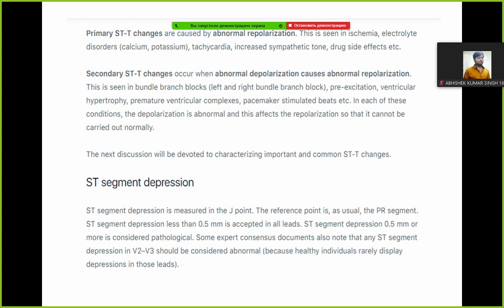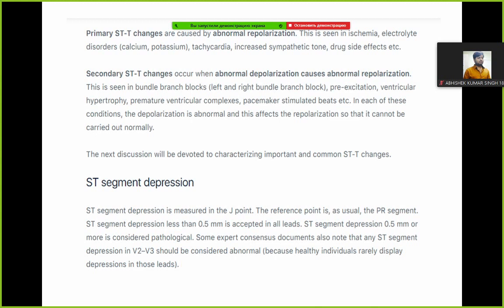Secondary ST-T changes occur when abnormal depolarization causes abnormal repolarization. This is seen in bundle branch block, left and right bundle branch block, ventricular hypertrophy, premature ventricular complexes, and pacemaker stimulated beats.